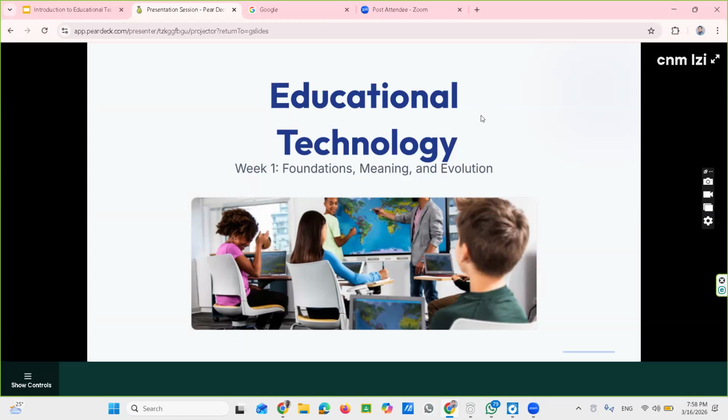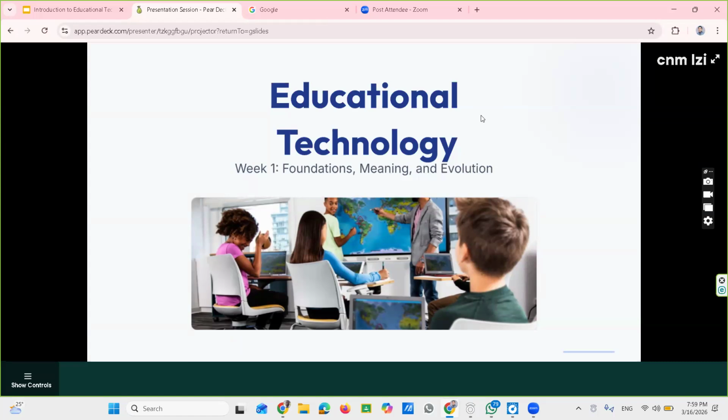Remember, as a teacher, your task is to improve higher order thinking skills. Higher order thinking skills mean analysis, decision making, critical thinking, creativity, that type of thing. Whatever activities you are doing in the classroom should support improving these higher order thinking skills.